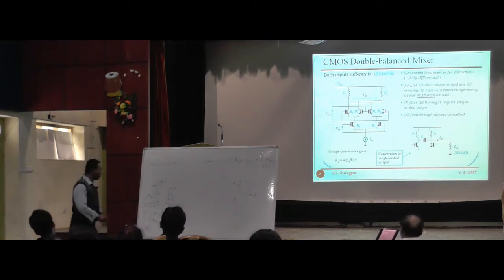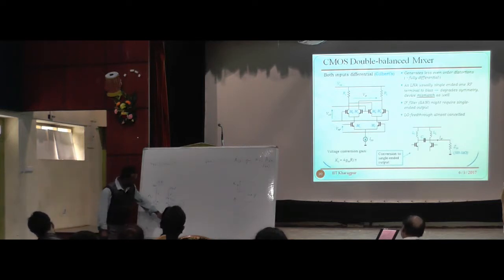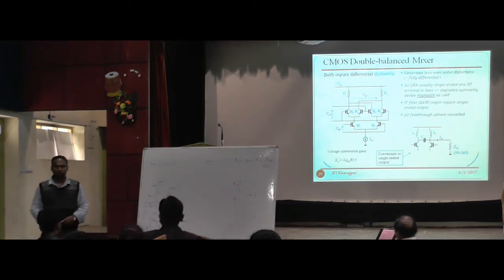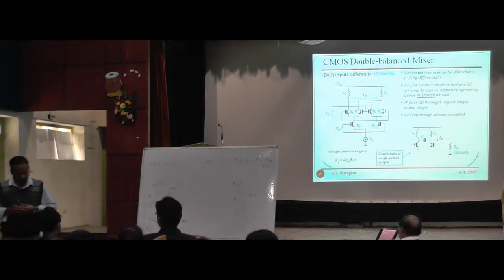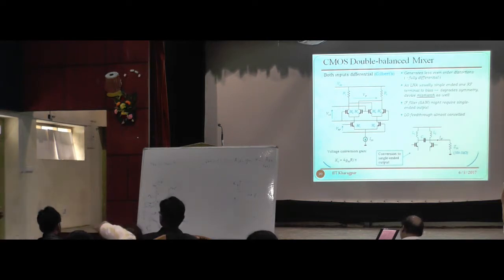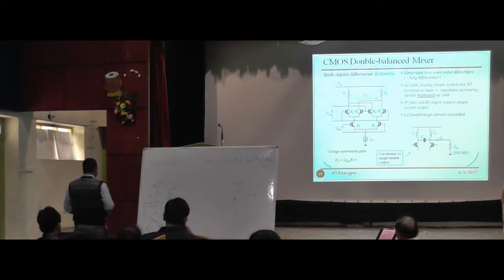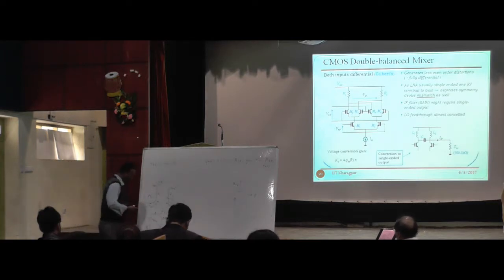Now, can you suggest something so that you can remove that? Why do you want to subtract this I bias? Because you can add or subtract certain terms, okay, I bias minus. Yes. So that term can be removed by that process.